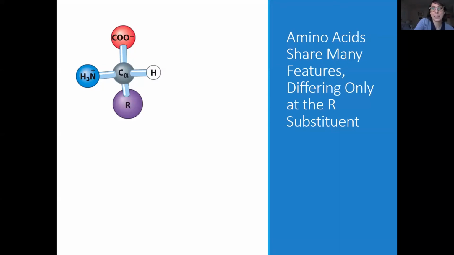The first amino acid we're going to go over is the simplest one, and I'm going to write our base as this. I'll write my COO minus for my carboxyl group, my NH3 for my amino group, my hydrogen. So these are the three groups that are present in every amino acid. And now we'll fill in the blank with our R group.